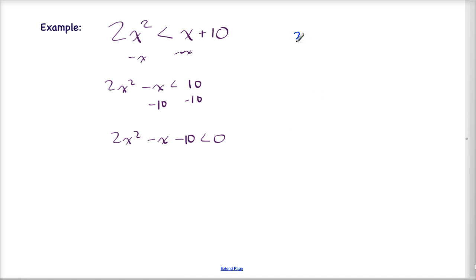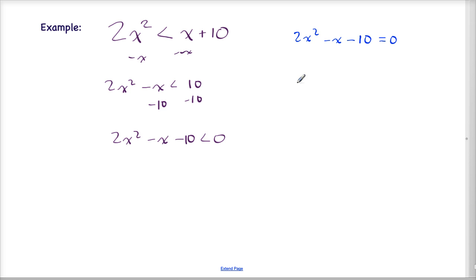So the corresponding quadratic equation would be 2x squared minus x minus 10 equals 0. We said there's 2 options for this. I could factor this out and use the zero product property, or I could use the quadratic formula, where I identify a, b, and c, plug it in, and go from there.